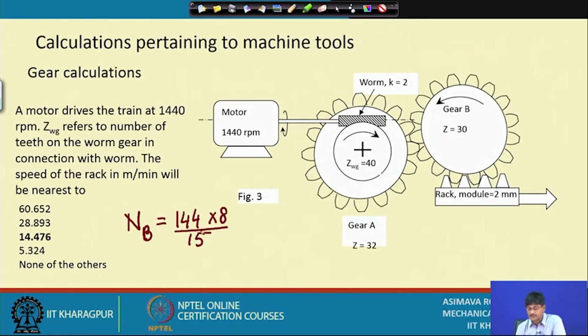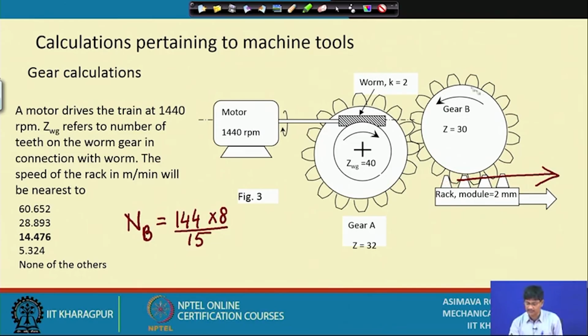After this, the rack is being moved due to its connection with ZB. What is the speed of the rack? Now, they must be sharing the same velocity here. What is this velocity? It must be number of rotations multiplied by the circumference. In one rotation, it moves by the circumference.